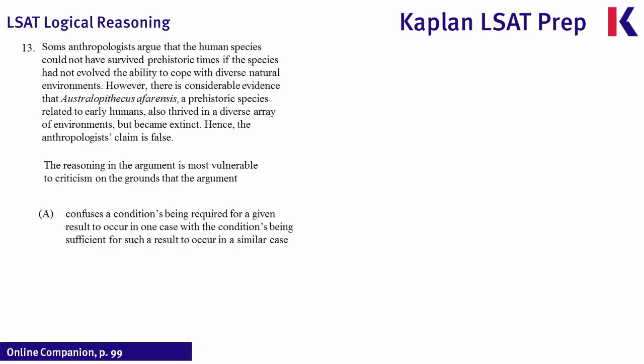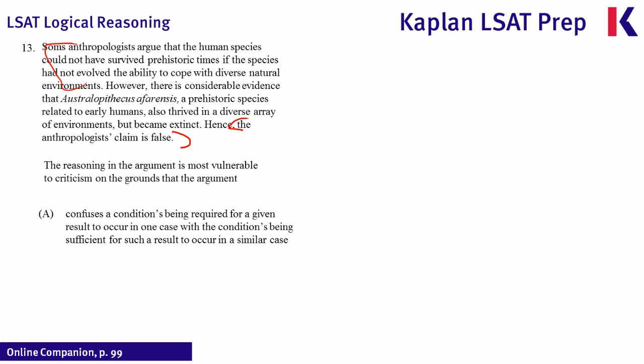Now, what about question 11 on page 99? I'm sorry, question 13. This is interesting because it's another argument that tries to point out an exception, and that goes wrong, logically speaking. The conclusion, signaled by hence, is that the anthropologist's claim is false. Well, we're going to have to understand what that claim is, and we get it up top. Look at the grammar in sentence 1.